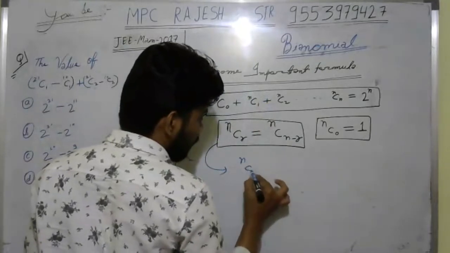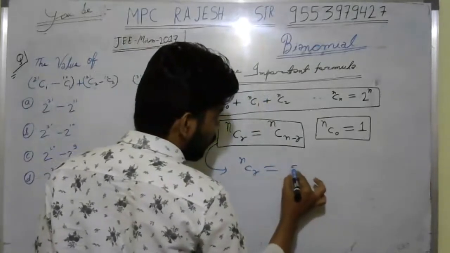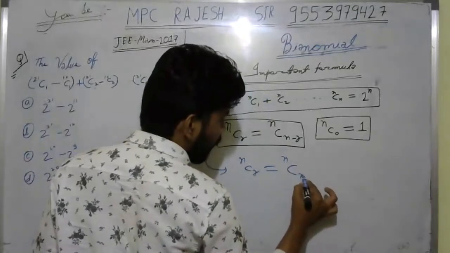Next, this is the value of nCr. nCr is equal to nC(n minus r).